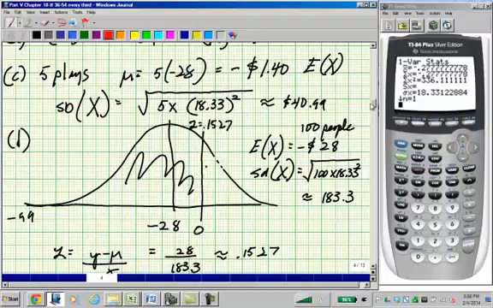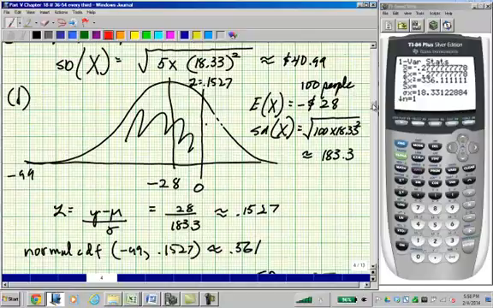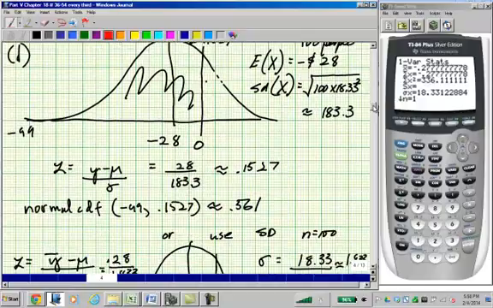Now, if 100 people play this, what's the probability that they'll, in aggregate, lose money? Well, say the expected amount of money lost is -28. The standard deviation is $183.30. So you put -28 in the center, and then you put 0, and that's the break-even point, losing money versus making money.